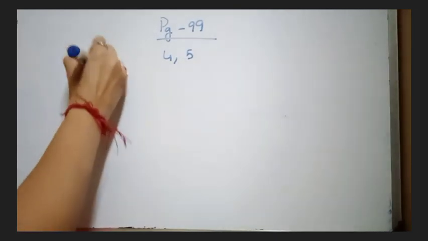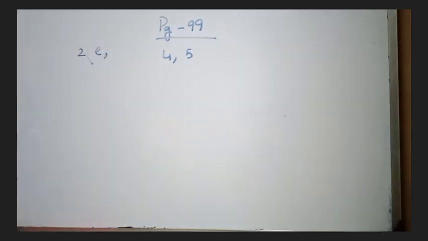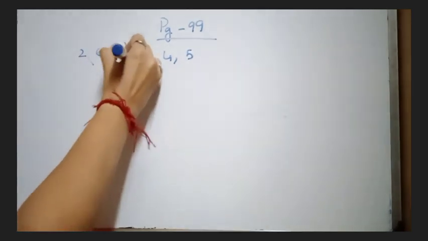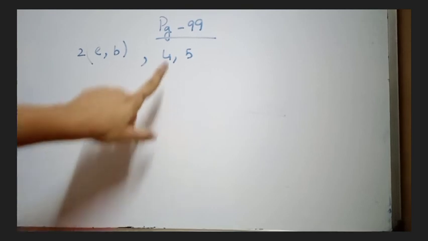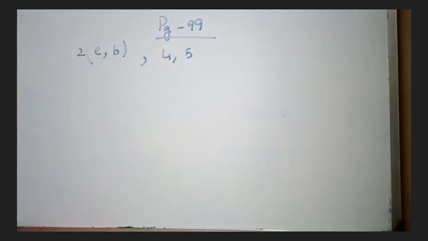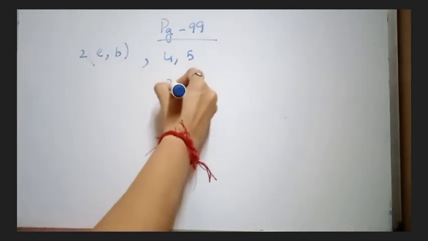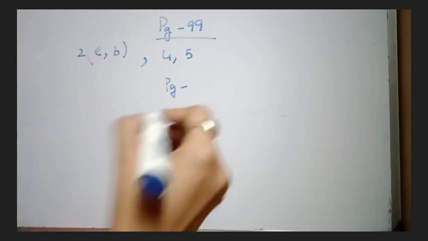Here you will do E and B. Number 2, E and B, and numbers 4 and 5 from page number 99. And another sum you will do from page 103.